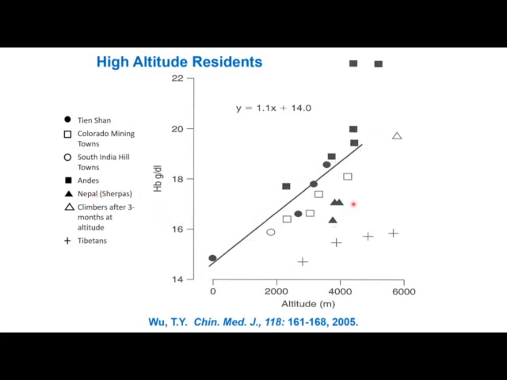Nepal Sherpas are the triangles, and again, they have a bit lower hemoglobin per altitude, which is an adaptation. And then climbers after 3 months at altitude are shown up here. There, perhaps a little bit of adaptation. And the Tibetans here, note, are significantly decreased. Again, an adaptation, presumably over 30,000 years or so. Their hemoglobin is not quite so high, which we'll see down the road is, in this case, beneficial.